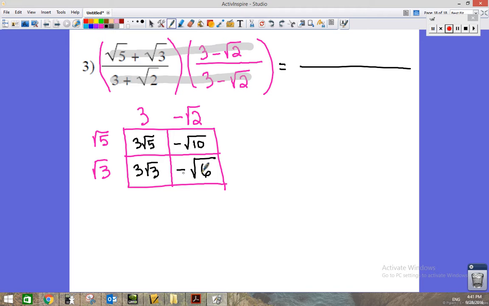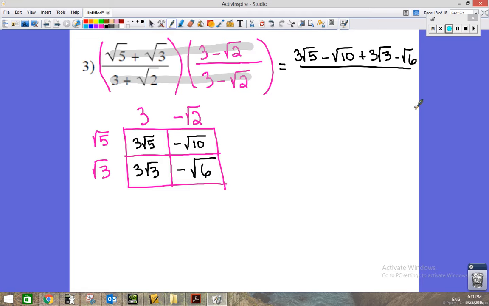So these are all unlike terms. So we just start writing them down and we can't combine them. We've got 3 radical 5 minus radical 10 plus 3 times radical 3 minus the square root of 6.